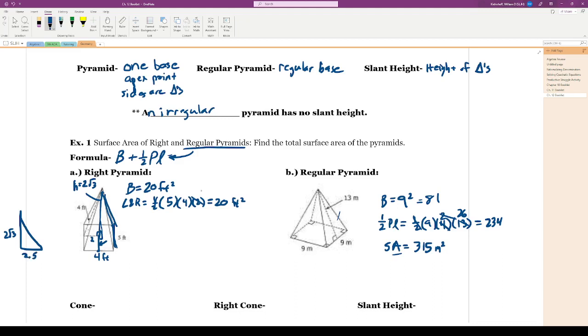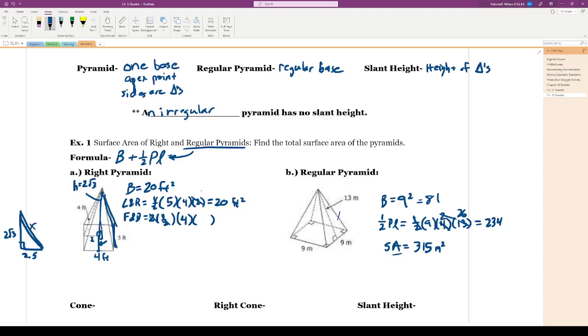And then what we're looking for is this missing slant height of the front and back face. That's what we need to find this last thing. So front and back is 2 times 1/2, because there's 2 of them, that cancels, times the base of that triangle, which is 4, times the height of that triangle. And that's the whole difficulty here, is finding that slanted height, which I'm calling x right here.